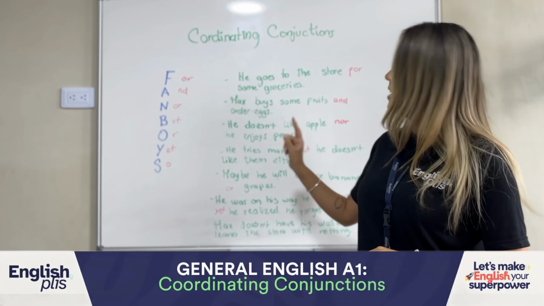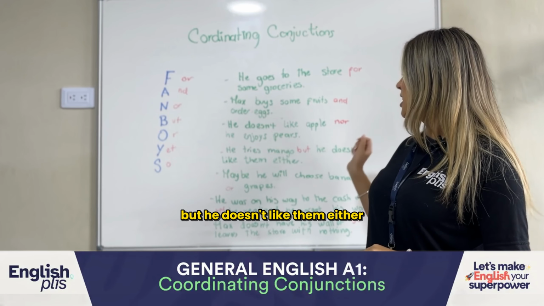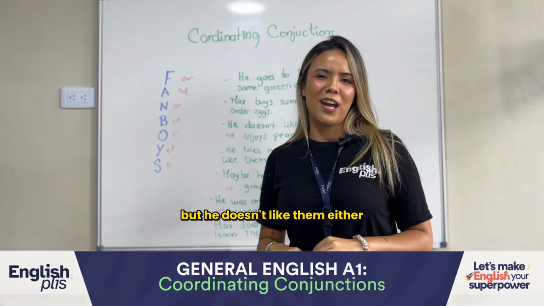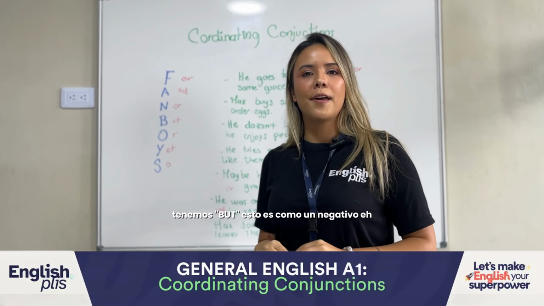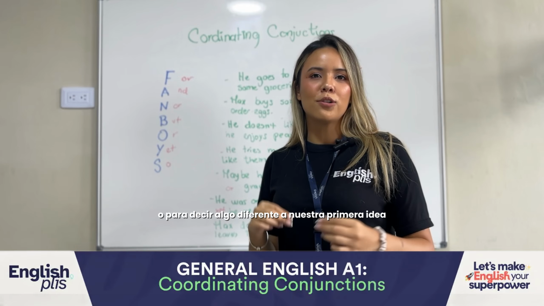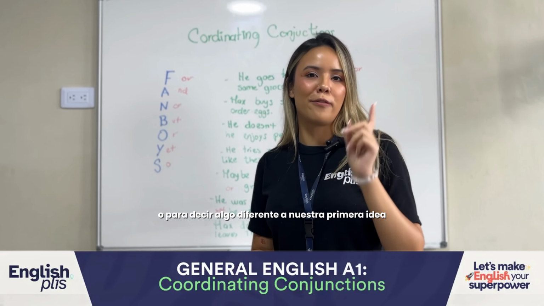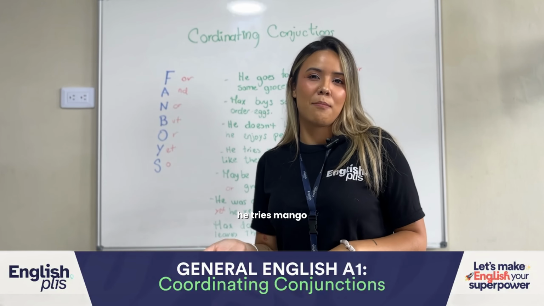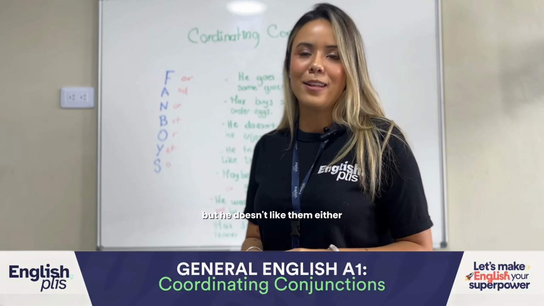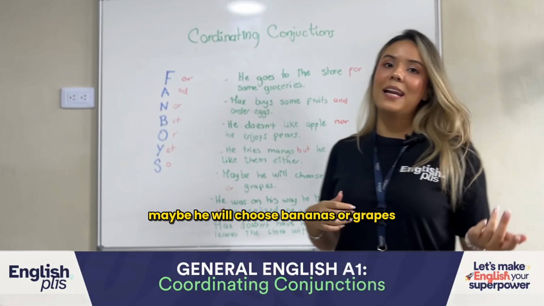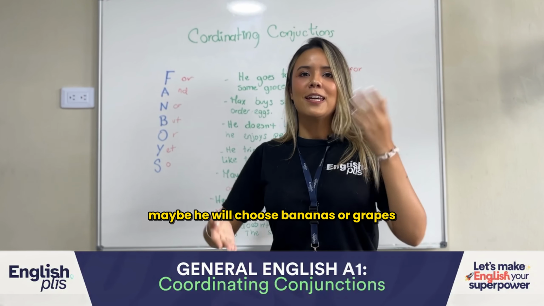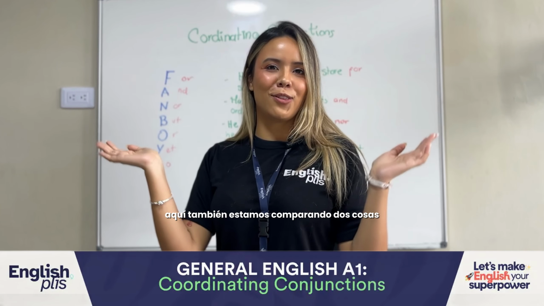Moving on here, he tries mango, but he doesn't like them either. Okay, we have but. This is like a negative connector that we can use to say something different to our first idea. He tries mango, but he doesn't like them either. Moving on, maybe he will choose bananas or grapes. Okay, here also we are comparing two things.